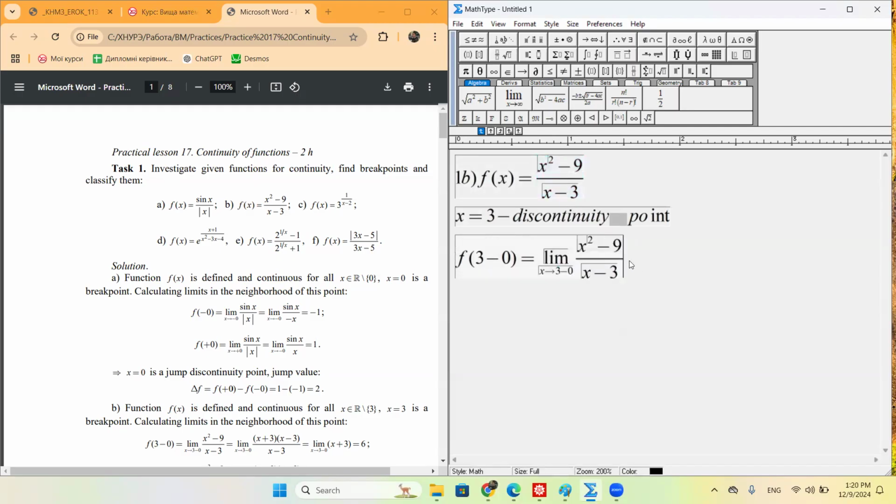We have the indeterminate form 0 by 0, but we already know how to deal with it. We just need to factorize the numerator, and we will receive a very simple expression, x plus 3, and it equals 6.